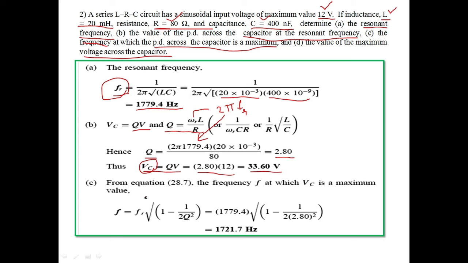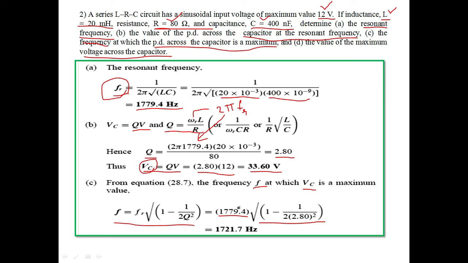The next parameter is to find the frequency F at which Vc is a maximum. That's why F is equal to Fr into the square root of 1 minus 1 upon 2Q square. The resonant frequency is given as 1779.4 into the root of 1 minus 1 upon 2Q square, where the quality factor Q is equal to 2.80.